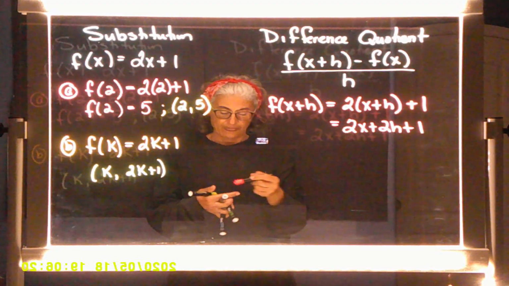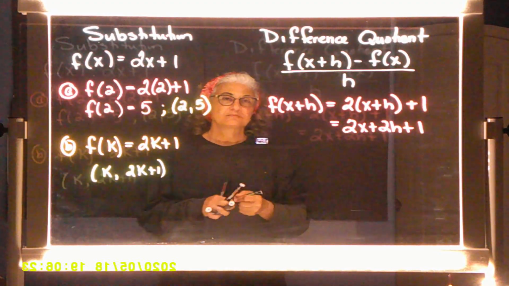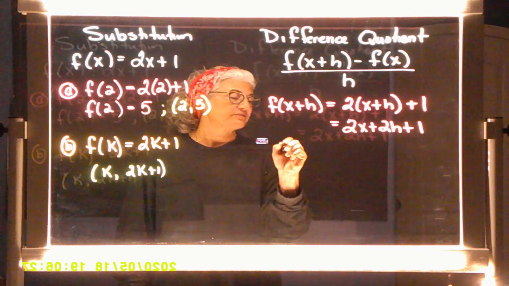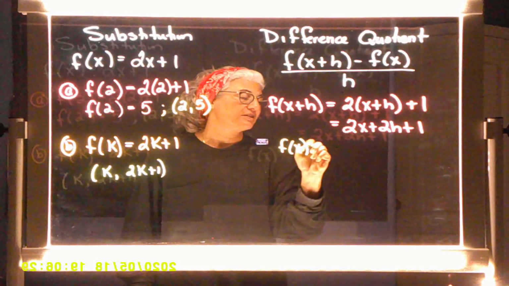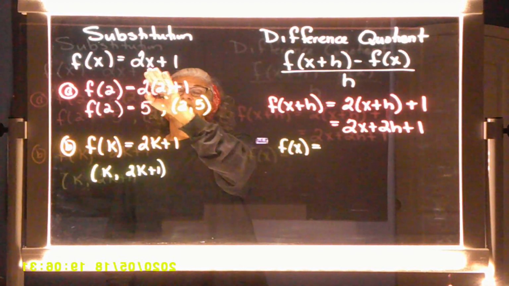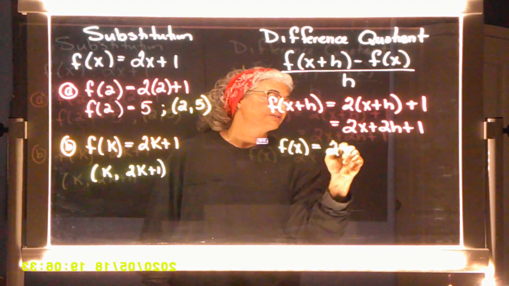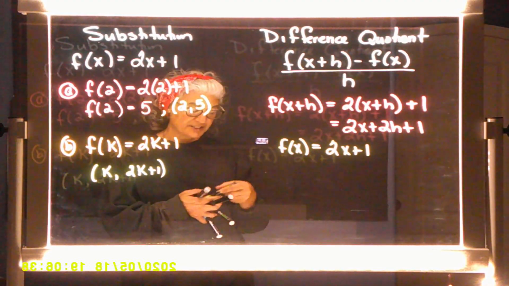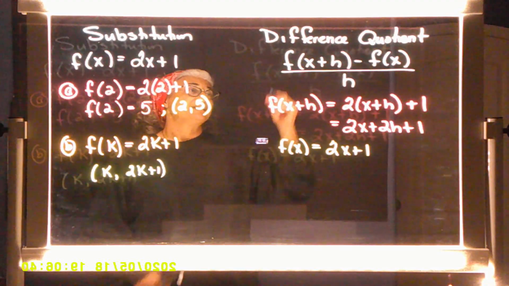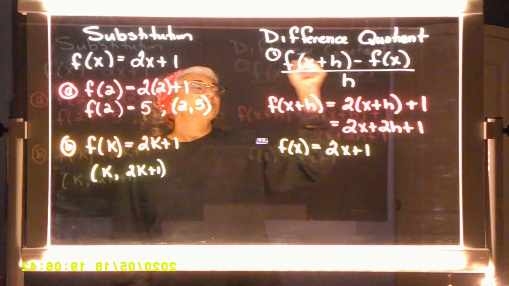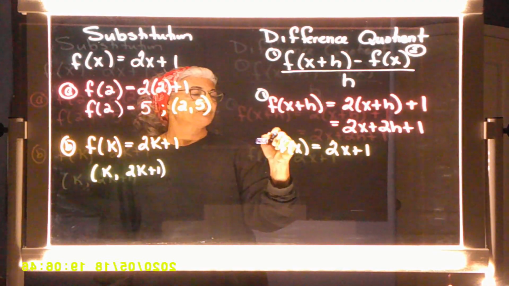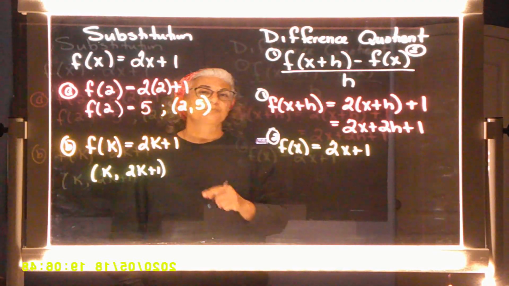Good. Now, they also have f of x here, don't they? Okay, so f of x is simply 2x plus 1, isn't it? Good. Now, let's put the difference quotient together. Now that we found this first part, and now that we have the second part, so here's your first part and here's your second part, let's put it together.